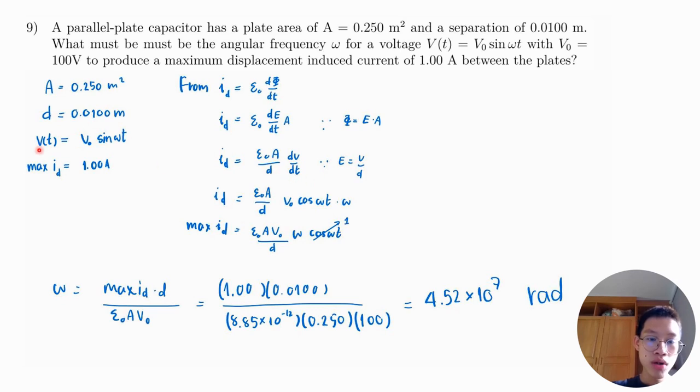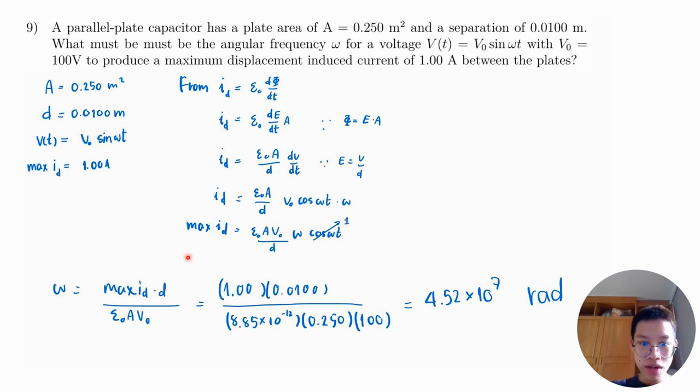We also know the equation of V: V of t equals V0 sine omega t. So we find the first derivative of this value. The first derivative of sine is cosine, and we need to apply the chain rule to the omega t, so we get another omega.